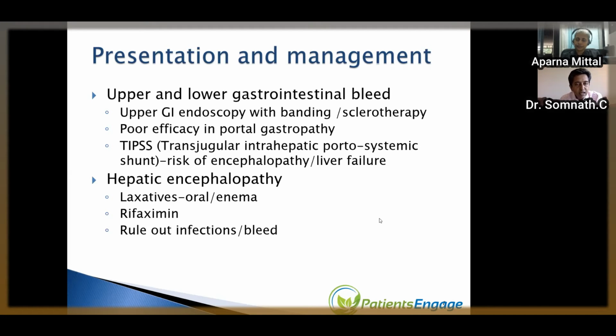The treatments are, you have to rule out infections or bleed. Sometimes we prescribe laxatives to increase the stool, so that the ammonia and the toxins pass through the stool, and drugs like rifaximin.